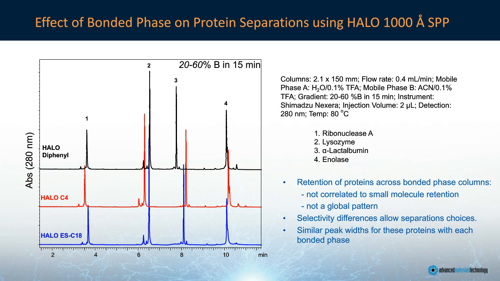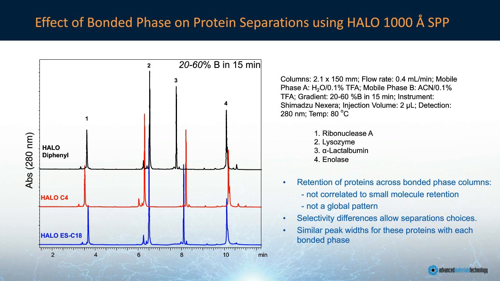But in this particular case, you can see that the selectivity differences allow different separation choices for these particular proteins. You are afforded some retention increases. For example, with diphenyl, you see some retention increases, in addition to a resolution of some of these minor peaks that you're seeing on the sides.